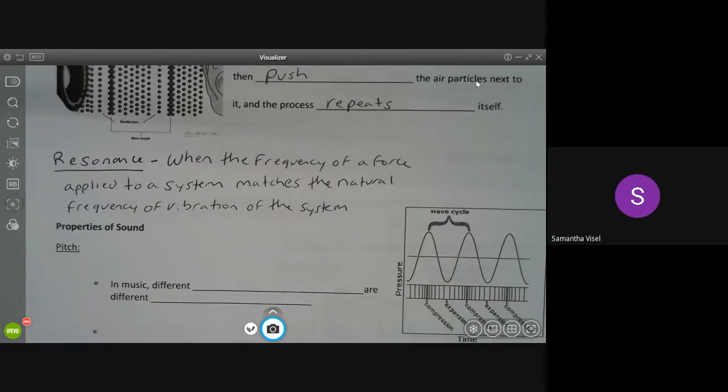You can set that material into vibration, that guitar string or that instrument you're blowing into, by applying a force. That force could be the pluck, or blowing air into it. If you blow air into it at the right frequency, or pluck a string at the right frequency, that'll cause that material to shake, to vibrate, and to emit a sound.